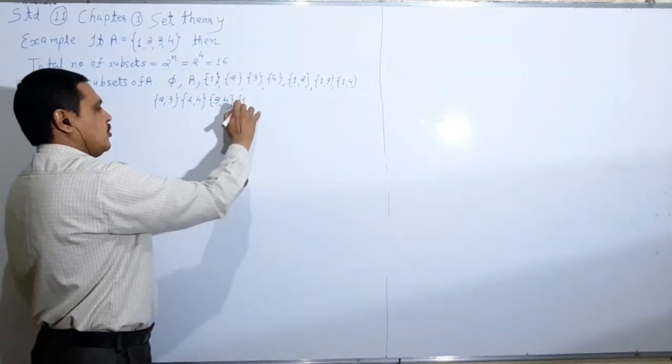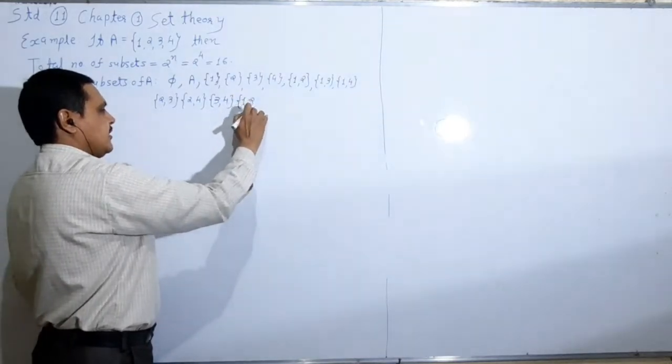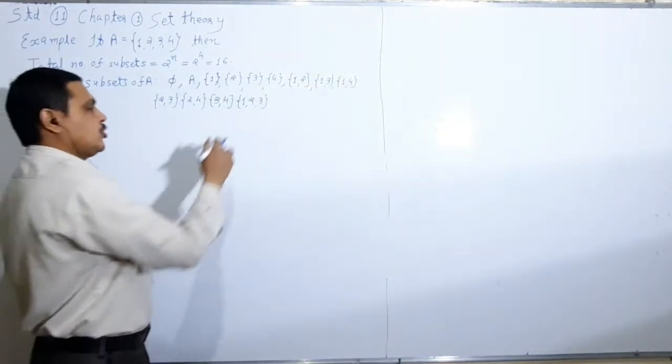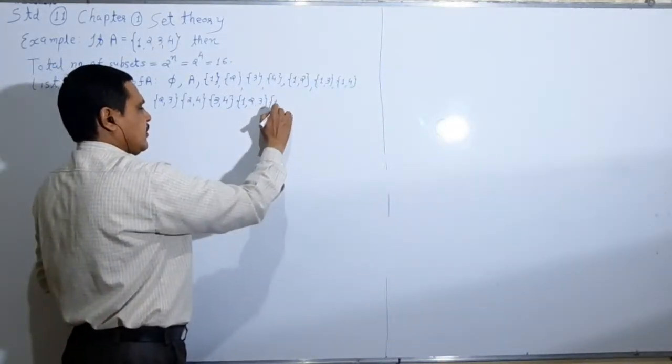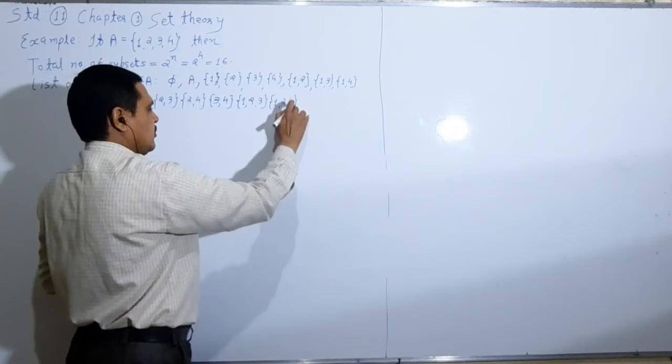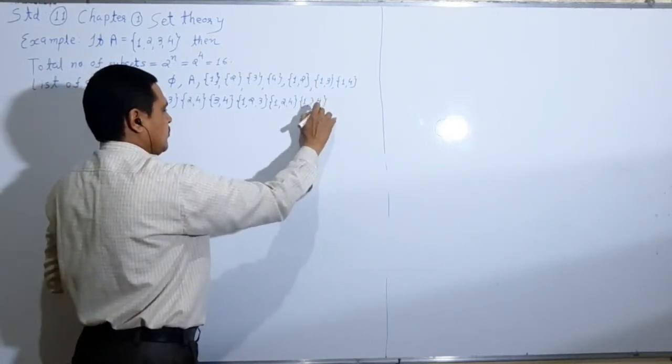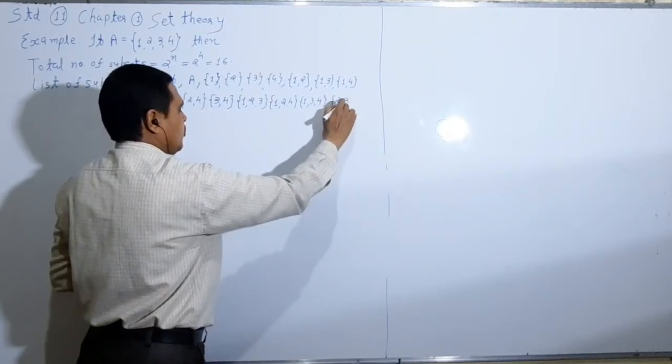Now we also take 3 member subsets: {1,2,3}, {1,2,4}, {1,3,4} and {2,3,4}.